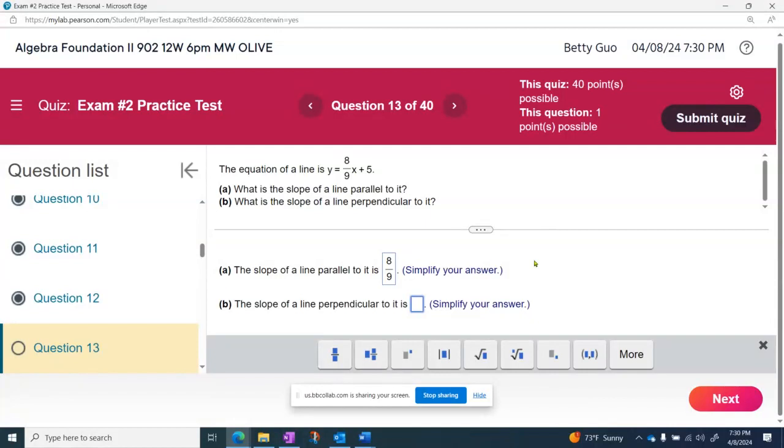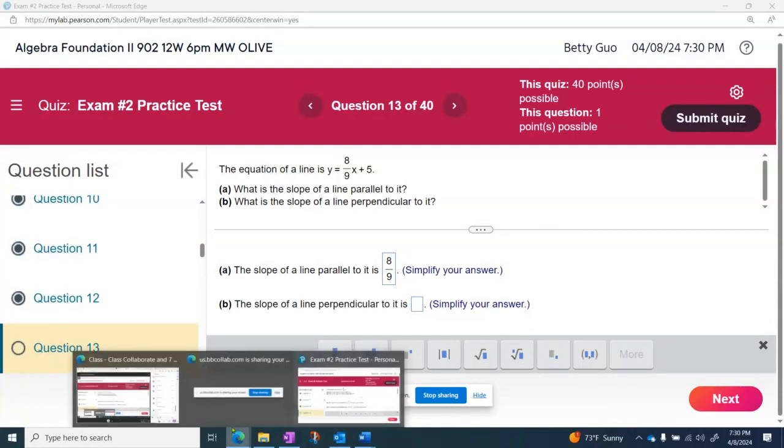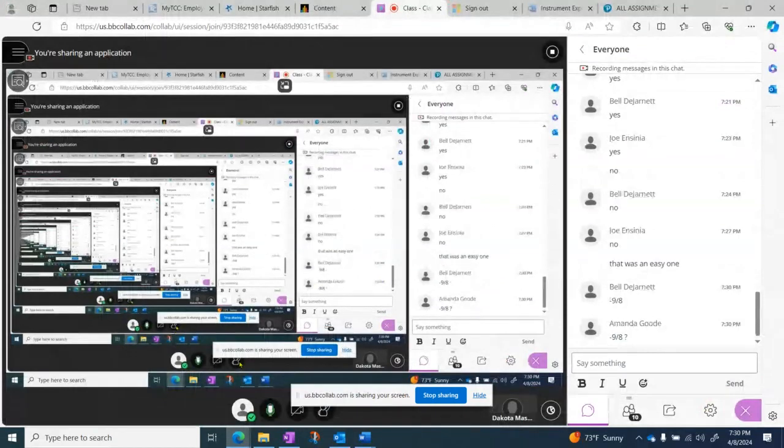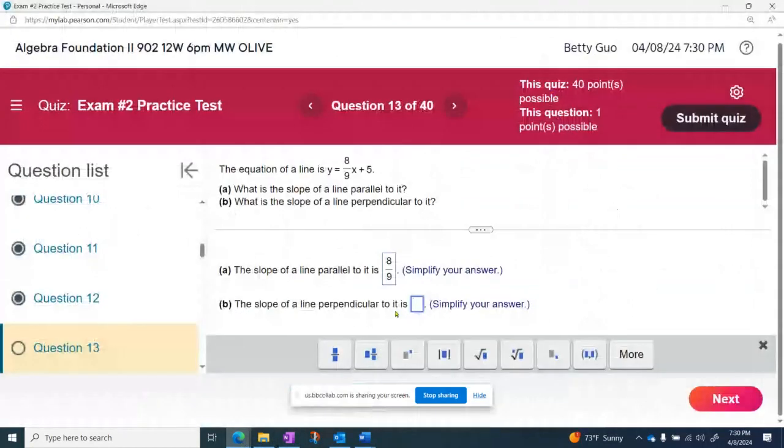Let me repeat my question. Could you help me to find the opposite reciprocal of 8 over 9? Perfect. Exactly. Very good. Correct. That's right, Amanda. It is a negative 9 over 8. Be careful.